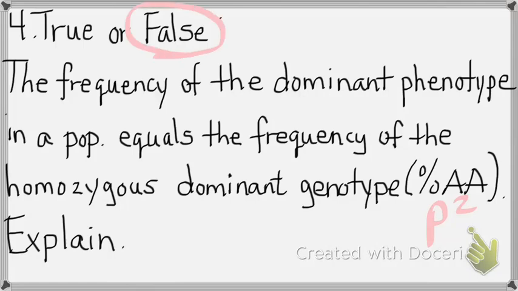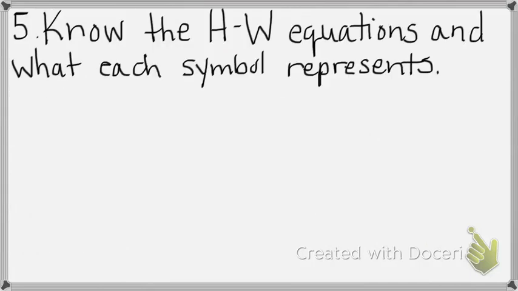So this one's false. That's why we never start with how many people are dominant. What do we always start with? Recessive. How many are recessive? If you know they're recessive, you know their genotype. If you know they're dominant, you don't know their genotype. They could be big A, big A, or big A, little a. But if you know they're recessive, you know they're little a, little a. So 3 is true and 4 is false.